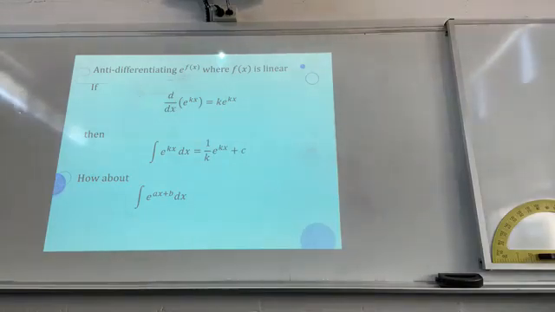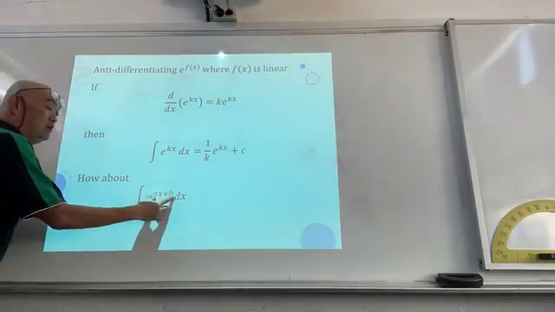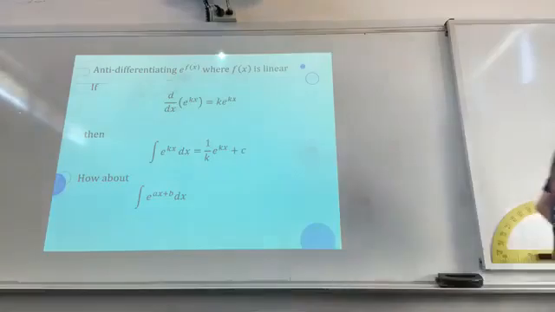Now, the next bit I want you all to think about: how about if I integrate e to the power of ax plus b dx? What would happen there? What do I do when I integrate e to the power of ax plus b?